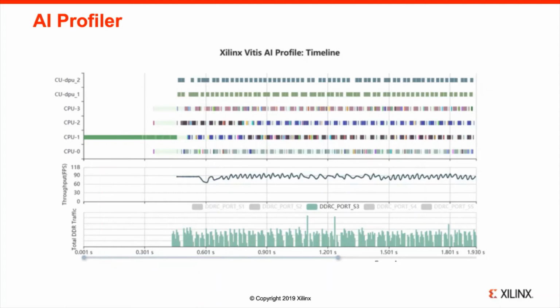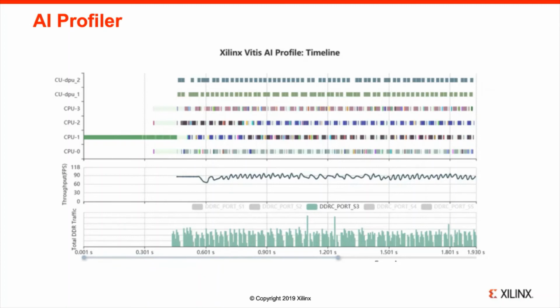In the middle, there is an end-to-end throughput in units of FPS. So if the computation is the bottleneck, users can easily find out which core has more bandwidth and which core is running with full bandwidth. The bottom part is the traffic of the DDR.